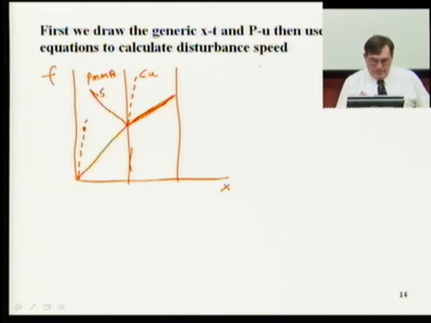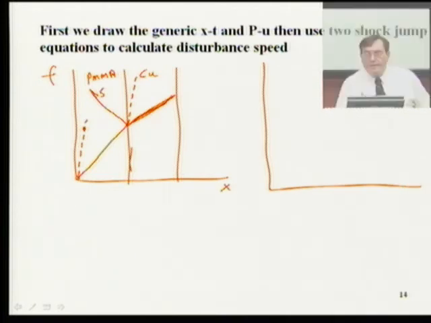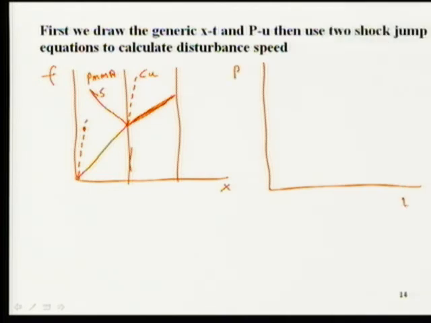So what we want then is the PU diagram for this. This would be plexiglass, PMMA. That goes in the first curve, and then we have a copper plate, which this would be copper.